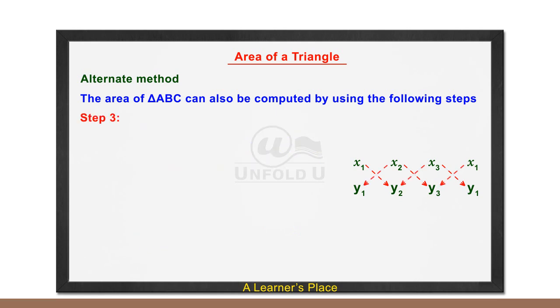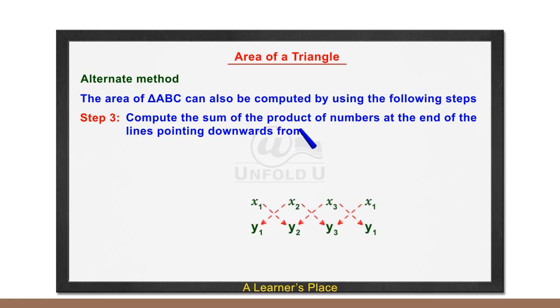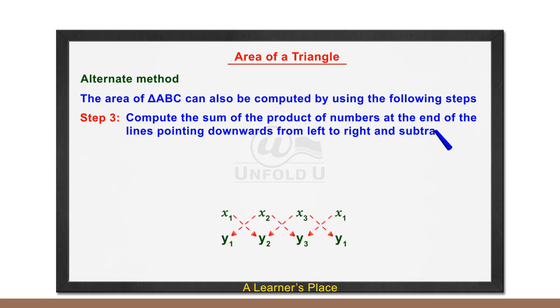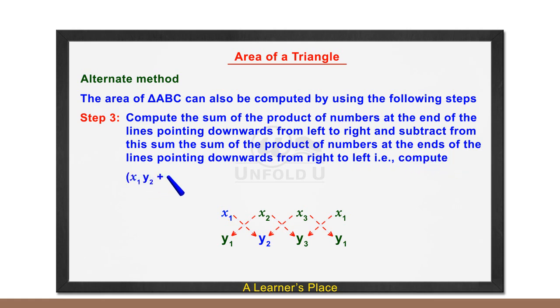Step 3. Compute the sum of the product of numbers at the ends of the lines pointing downwards from left to right, and subtract from this sum the sum of the product of numbers at the ends of the lines pointing downwards from right to left. That is, compute (x1 y2 plus x2 y3 plus x3 y1) minus (y1 x2 plus y2 x3 plus y3 x1).